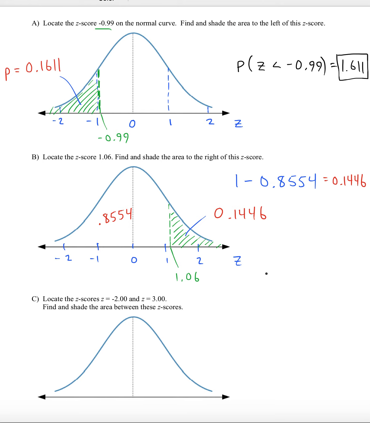Okay, to write it in the proper notation now, the probability of a z being greater than 1.06 is approximately 0.1446, 14%.